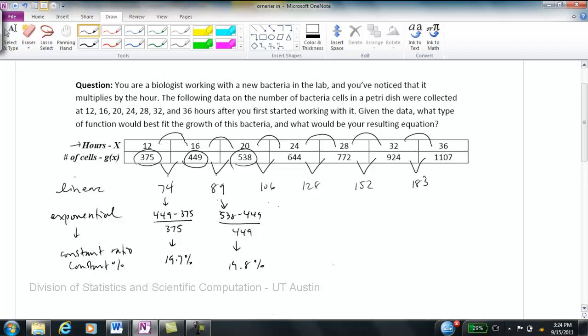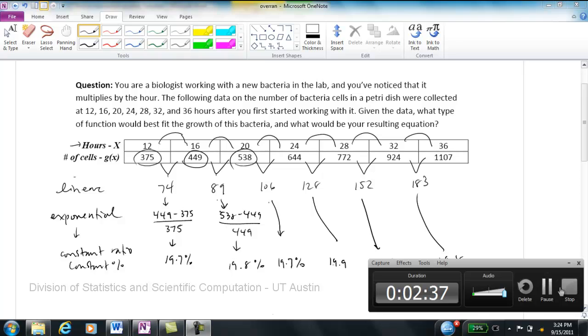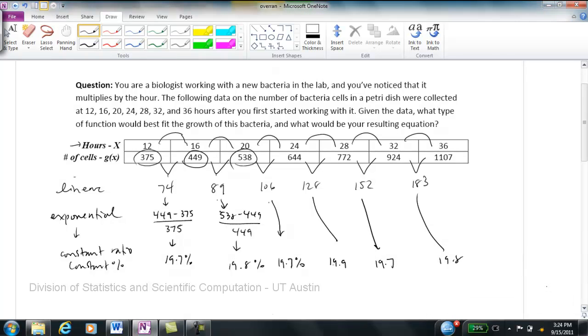And as I go across, I'm going to see these ratios. What I can tell here is that I'm increasing each time by a very similar amount. Yes, these are not identical, but they range from 19.7% to 19.9% growth.